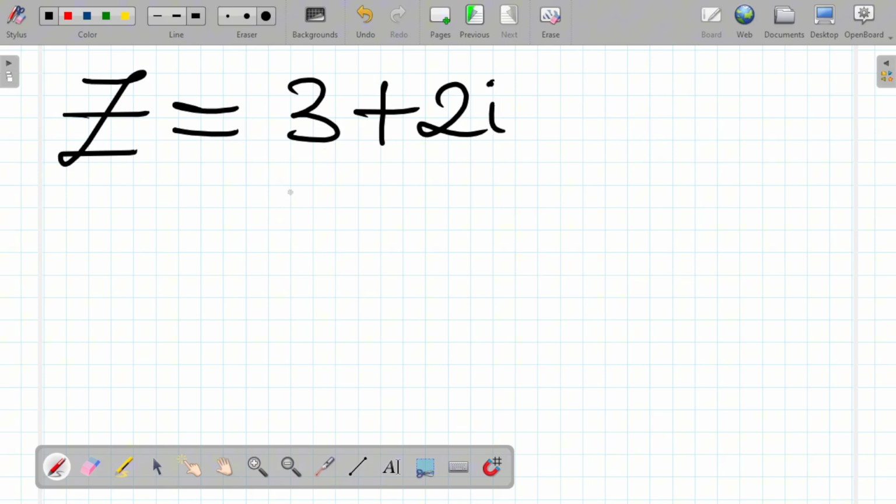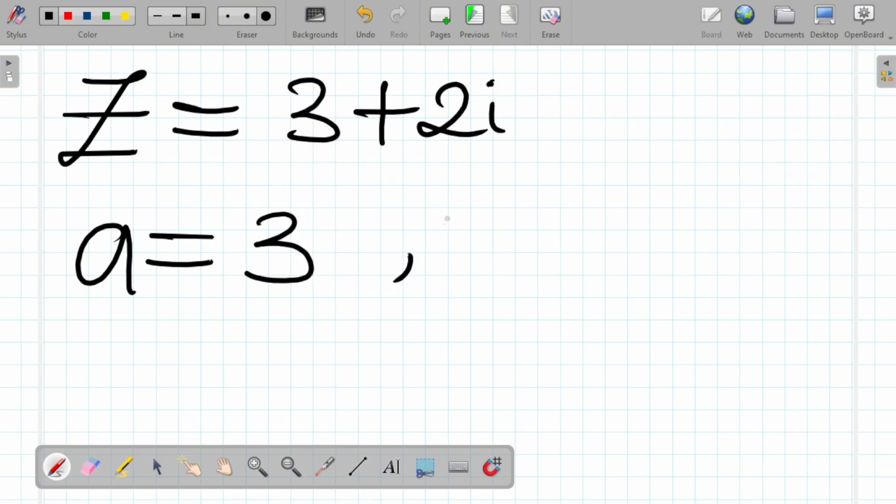Now, first of all, let's identify the given terms. a, which is the real term, is 3. The real term is the term that doesn't have i attached to it. And then b, which is the imaginary term, is positive 2. The imaginary term is the term that has i attached to it.